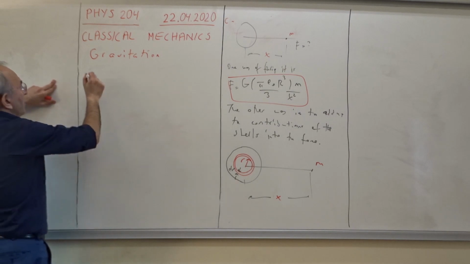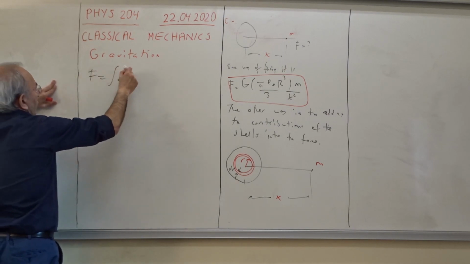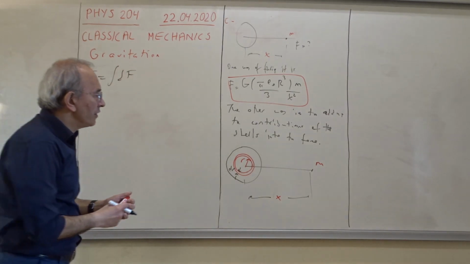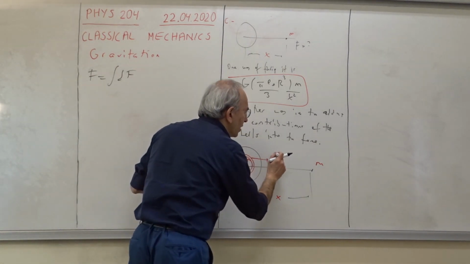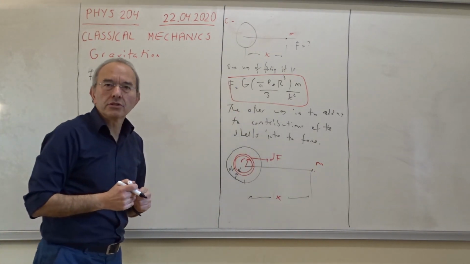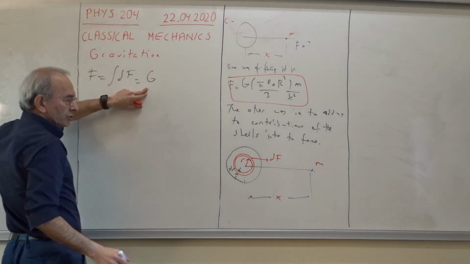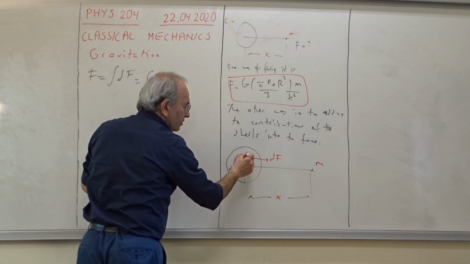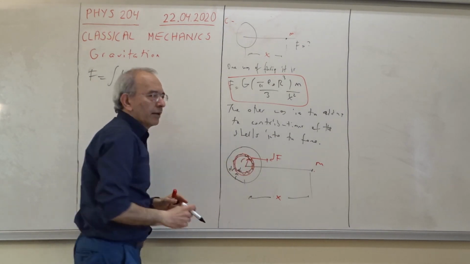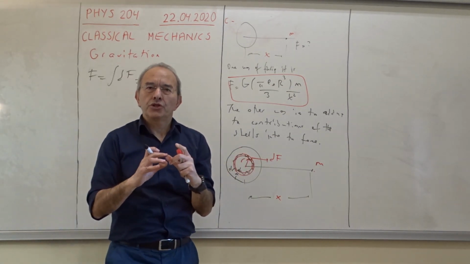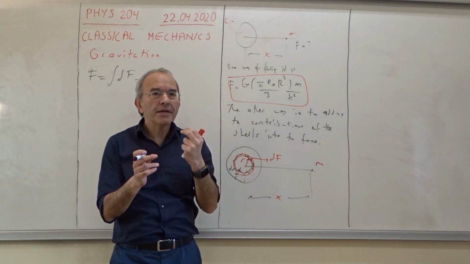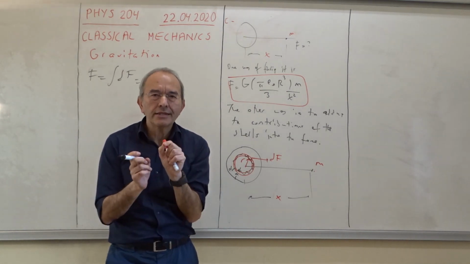So for example here, F is the integral of dF. dF is the force this object applies on this small particle. Capital D is a constant, and we have seen that every spherical shell or solid object can be considered as if concentrated at its center.